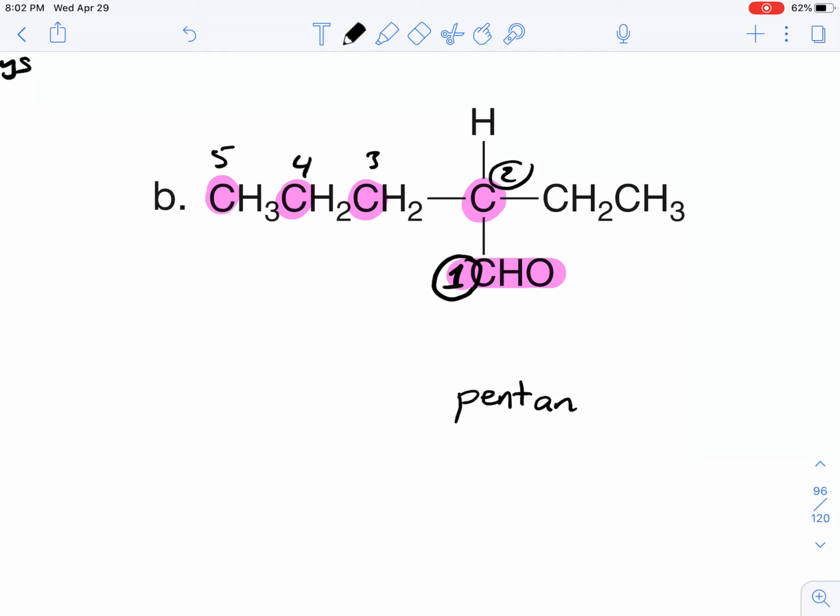And so I'm going to erase that E to represent the aldehyde. So I'm going to say pentanal. I'm going to omit placing this 1 in the name in my final answer, because I know that aldehydes are always terminal functional groups, and therefore the carbonyl carbon is always going to be carbon number 1.